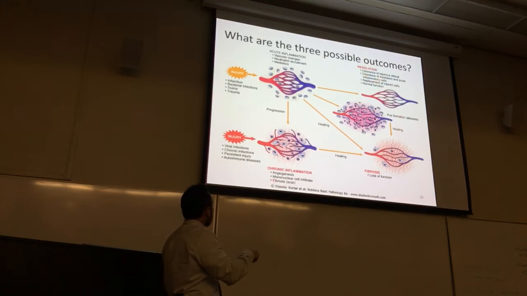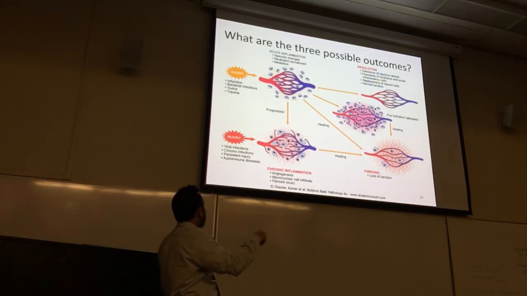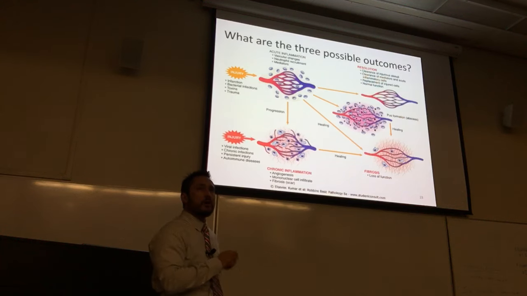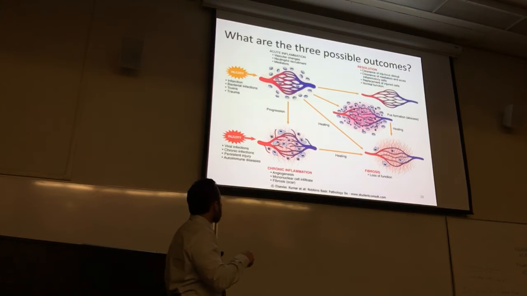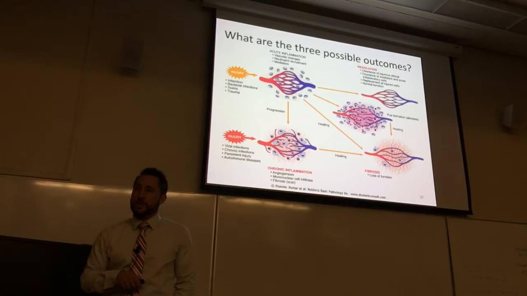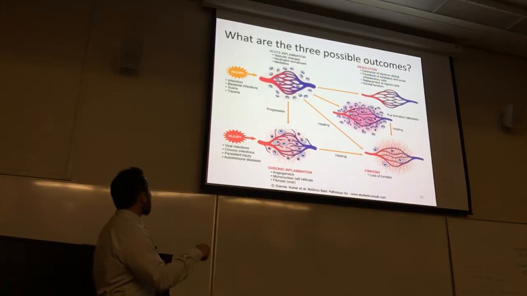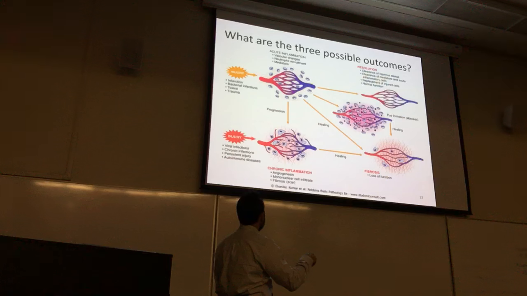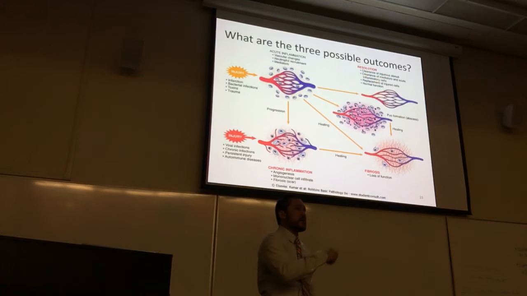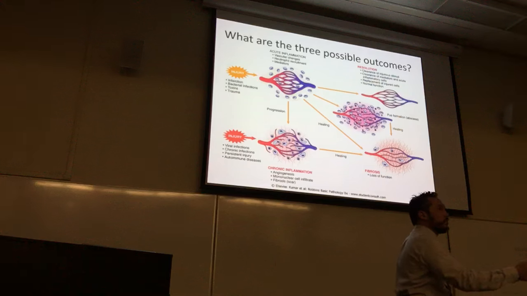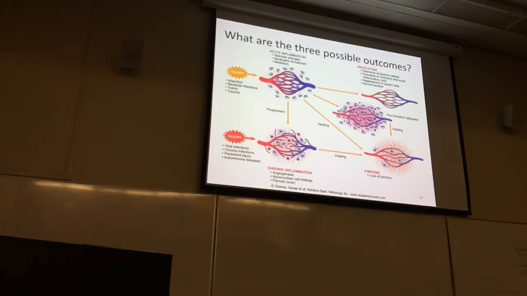This third outcome that we're going to talk about a little bit later is chronic inflammation, where it never resolves. The blood vessels never vasoconstrict, they never go back to their native shape. You continue to recruit macrophages into the area. They make scar as they go along to try to patch it up, but you never get rid of those macrophages.